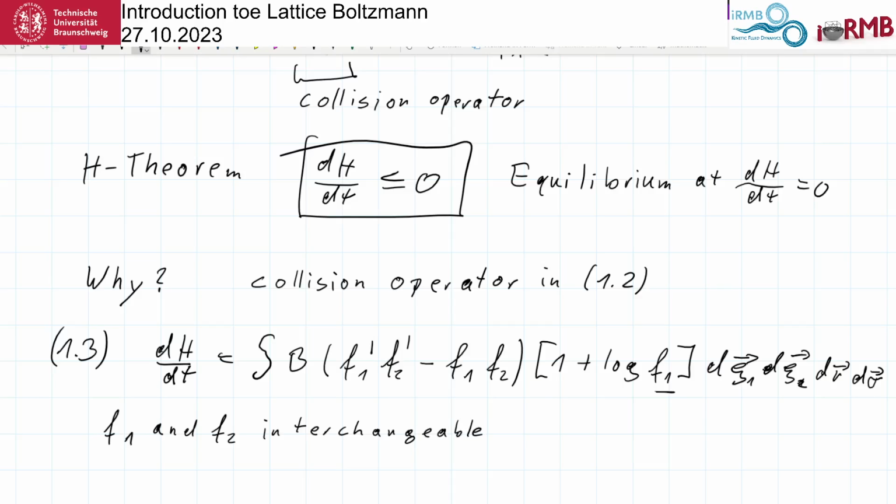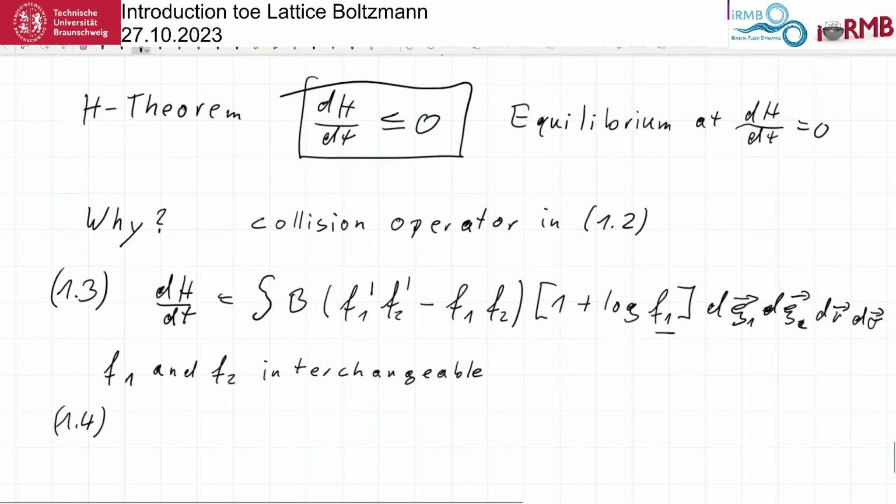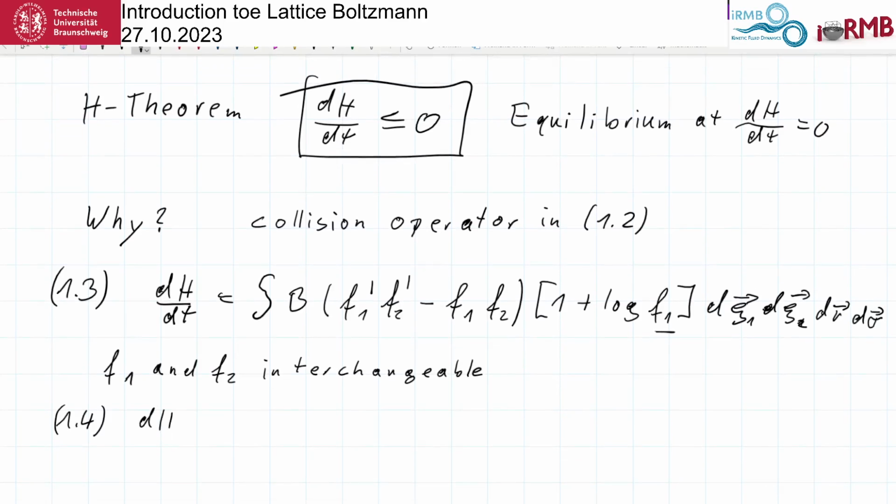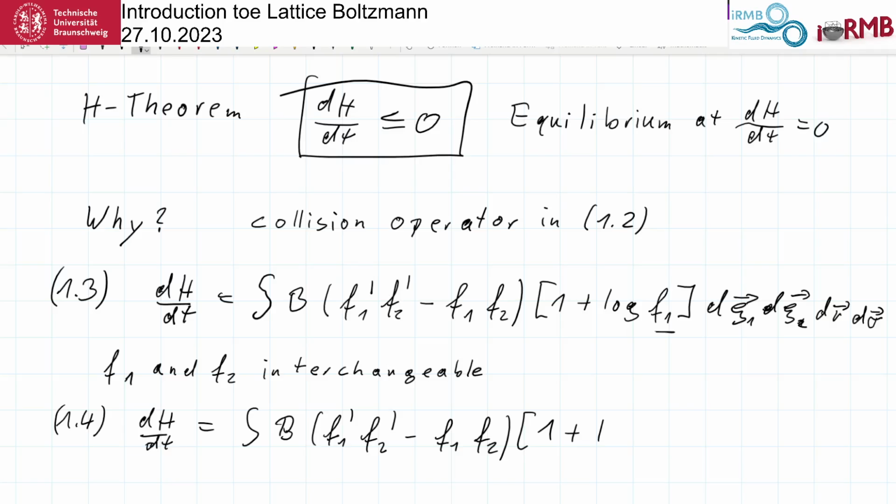So they are both interchangeable, and this means we can write a completely similar equation, 1.4, d eta by dt, where all we do is replace f1, and so here it does not matter, but here we get the logarithm of f2 instead, right? So it should be the same thing.